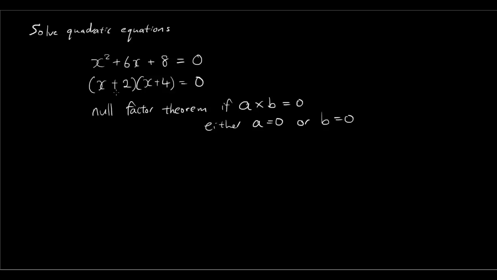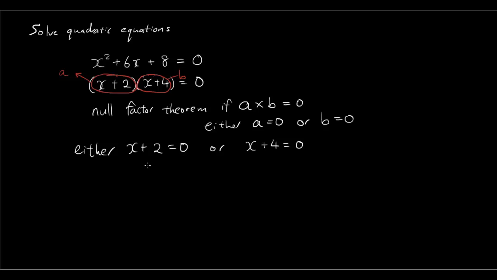So applying that theorem to this equation, let's say this first bracket is a and the second bracket is b, then what we can do is say either x plus 2 is equal to 0 or x plus 4 is equal to 0.